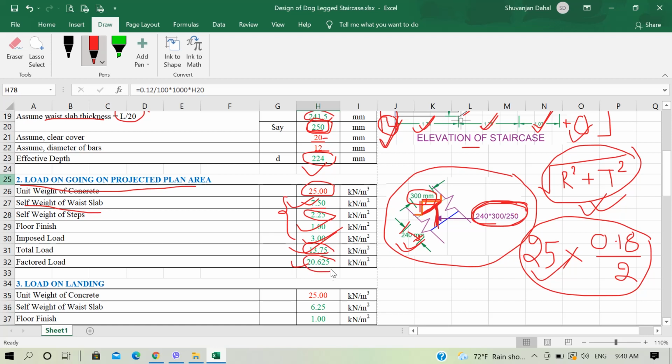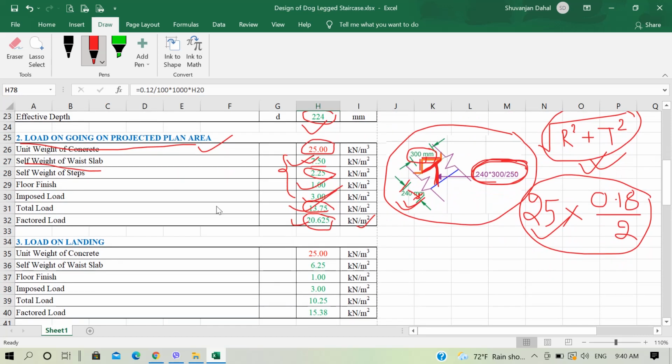You get 20.625 kilonewton per meter square to be the factored load on the projected plan area of our staircase. Now we have found the load on projected plan area, but we also have to find the load on our landing. The loading will be the same as in the case of projected plan area, except that there will be no steps on our landing, so you don't have to include the weight of steps.